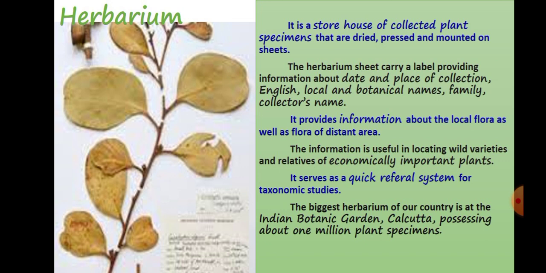The herbarium sheets also carry a label providing information about the date and place of collection, English, local and botanical names, family, collector's name, etc. So herbaria serve as a quick referral system in taxonomical studies.